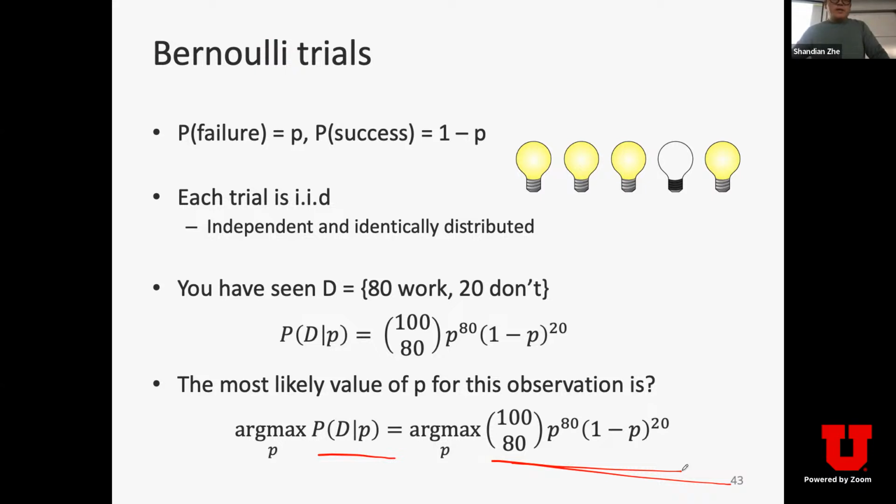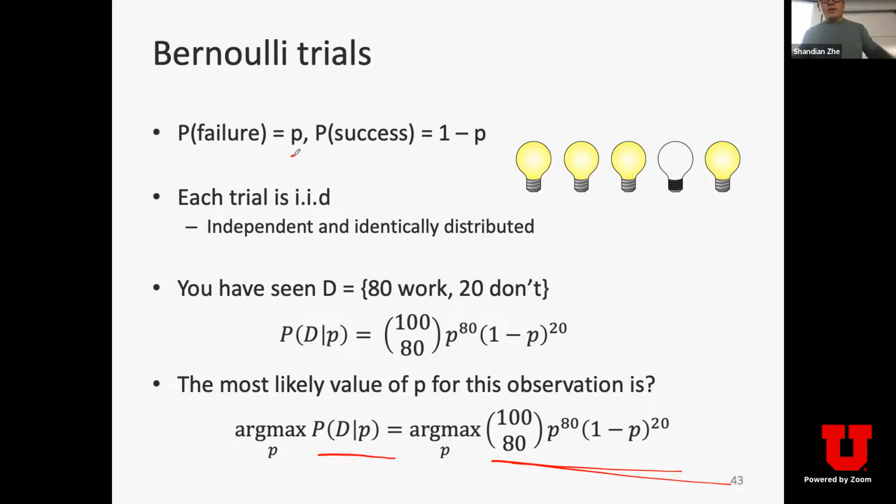You mean you specify a set of p-values and pick the one that has the largest likelihood? Yeah, this is something we need to clarify. What we observed are indeed binary. We can say this particular light bulb works, this particular light bulb doesn't work.